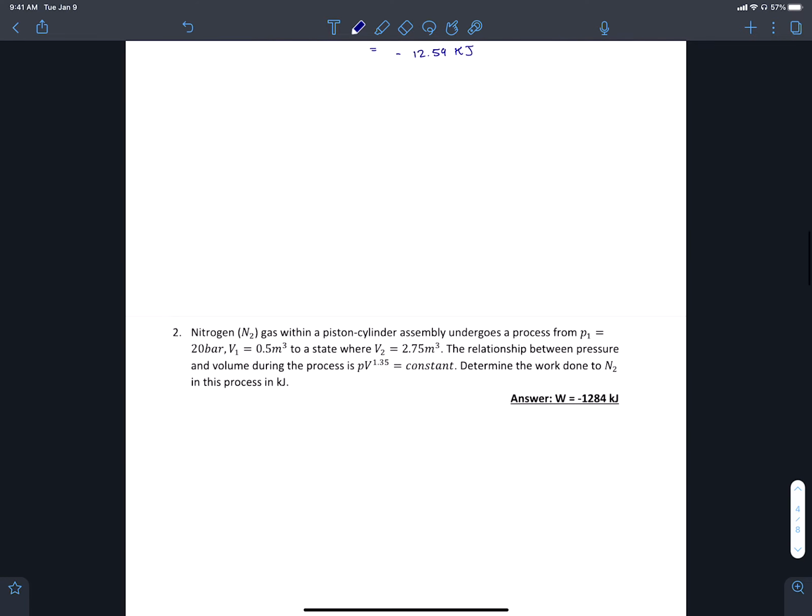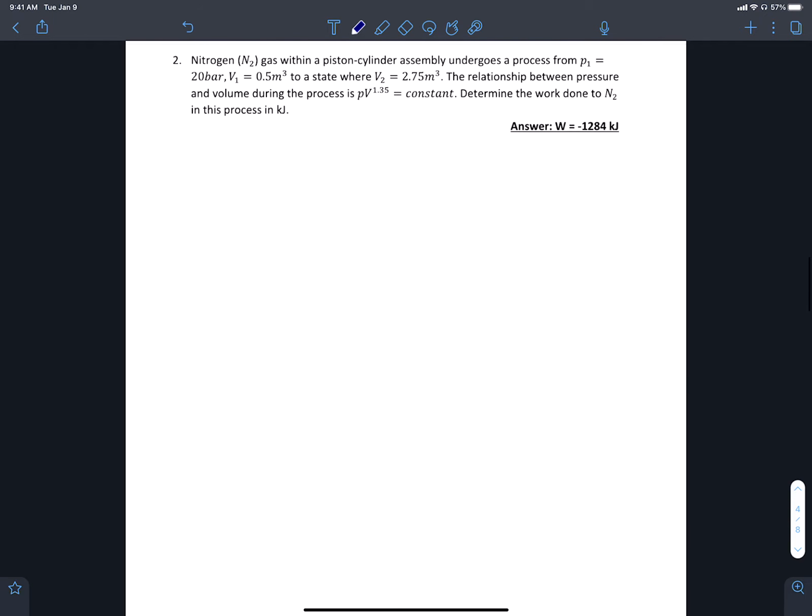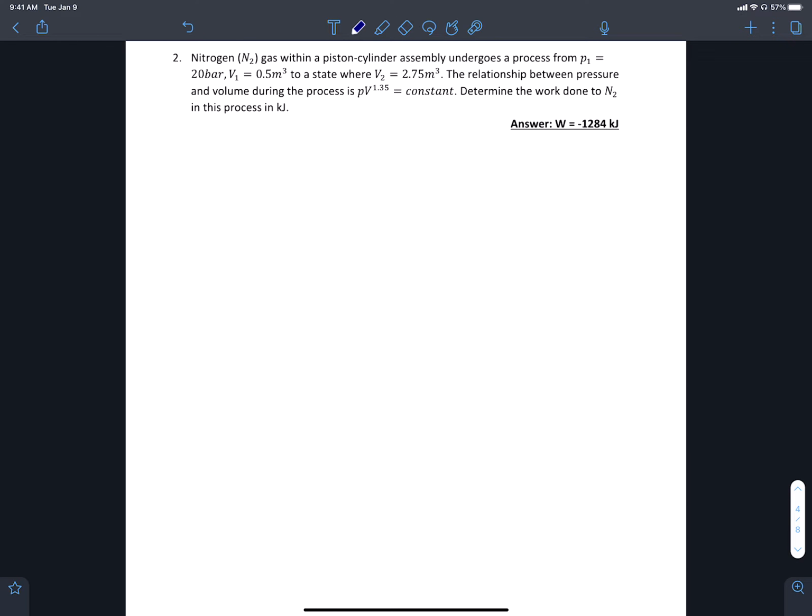Okay, so for problem 2, nitrogen N2 gas within a piston cylinder assembly undergoes a process from P1 equals 20 bar, V1 equals 0.5 meters cubed, to a state where V2 equals 2.75 meters cubed.